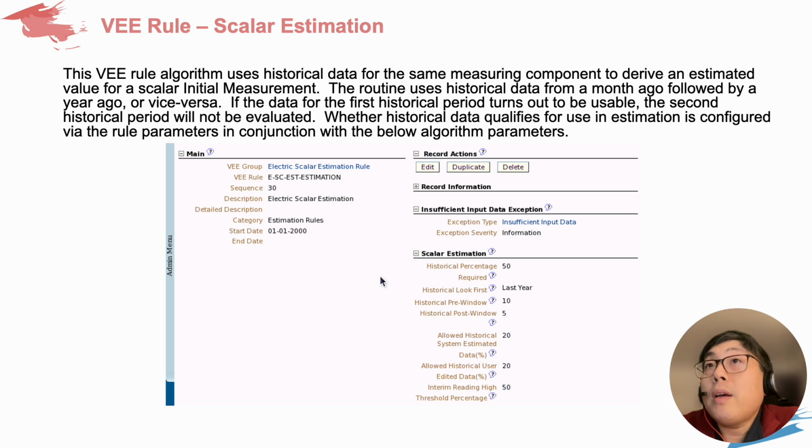Now, you don't have an actual read. So the system is going to create an estimated read on the 20th based on last month's end read and the next month's end read. It draws a line, sees where the 20th fits in that graph, decides what the scalar reading is for that date, and works out the consumption.